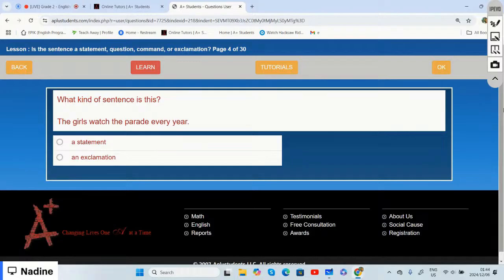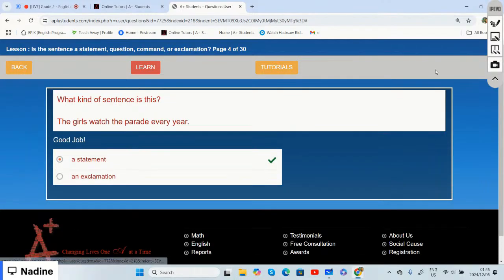And if we were to choose the correct option, to say what kind of sentence it is, then we can say it is a statement, because it's basically you telling someone something. So well done. Option one is correct.